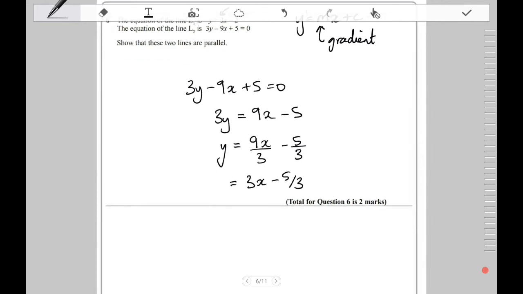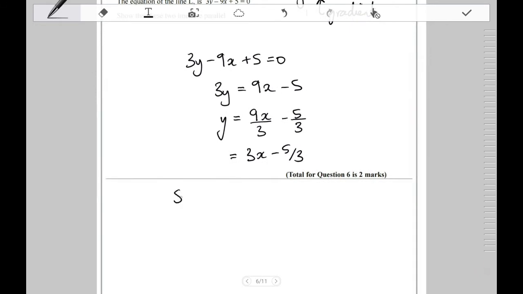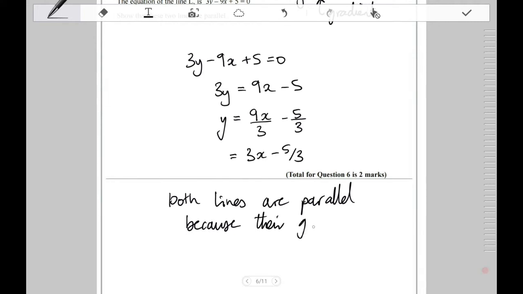Now, since both lines are parallel because their gradients are both 3.